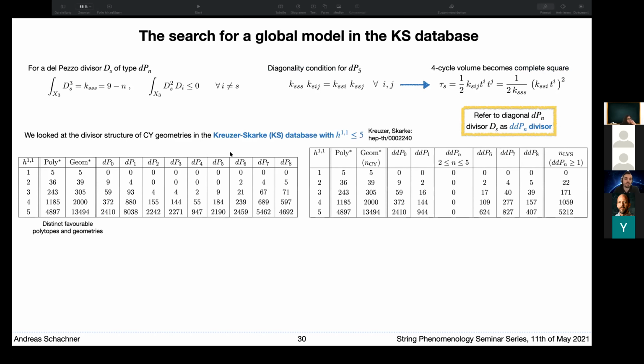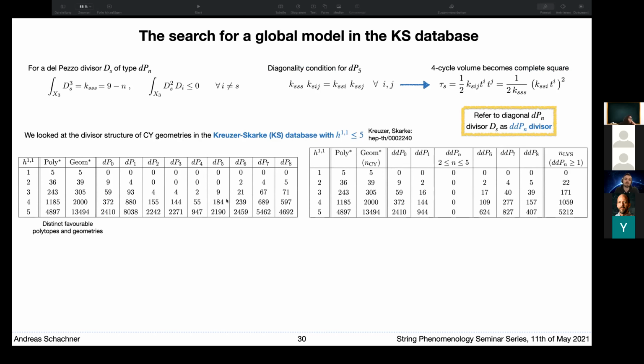So the first thing we did was we looked for certain divisors inside Calabi-Yau geometries in the Kreuzer-Skarke database with h^{1,1} from 1 up to and including 5. And we looked at all of the favorable geometries and listed all of the del Pezzo divisors that you can find in these geometries.